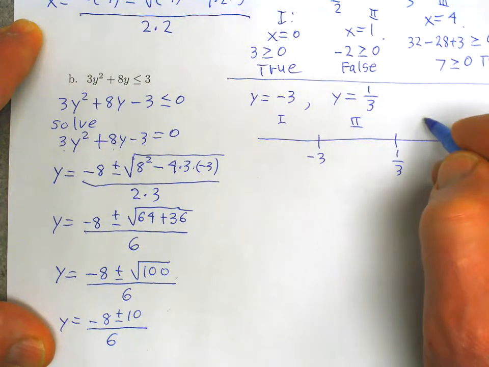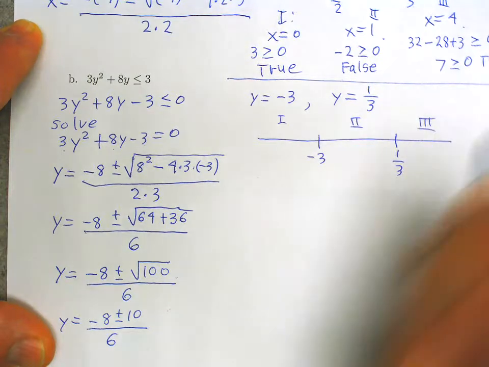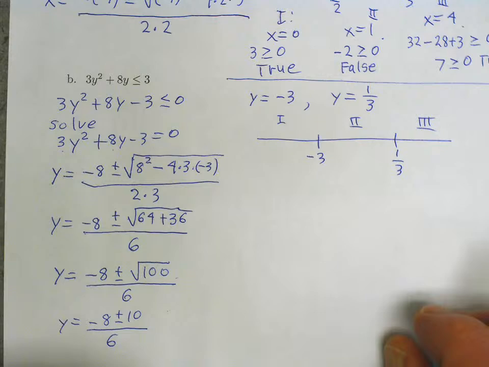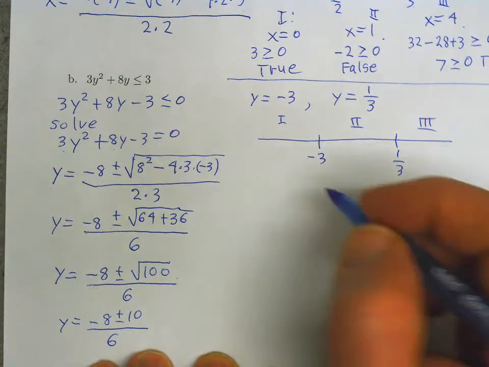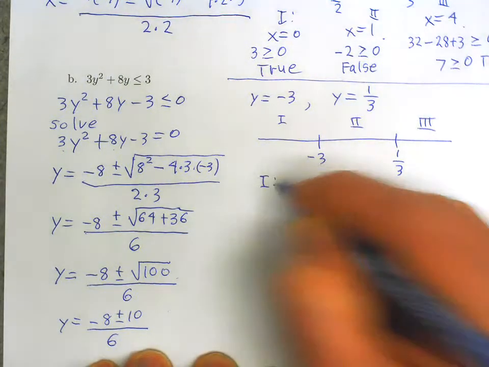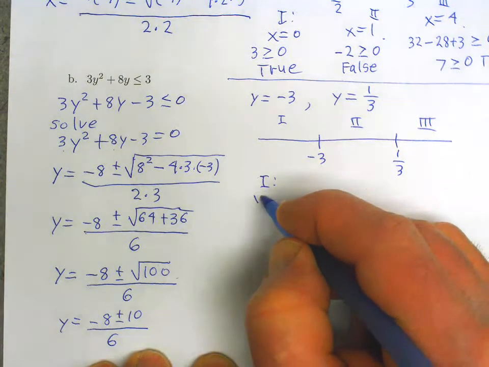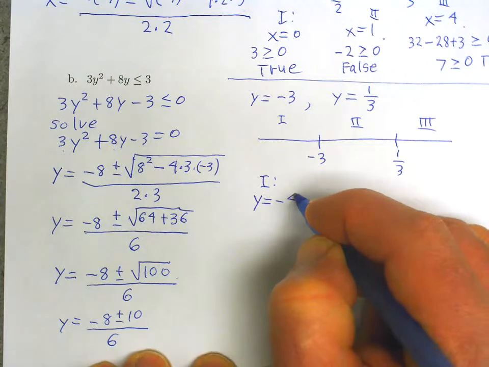So now we do what we did in the previous example. We just pick test points from each of the intervals. So in the first interval, we can pick any number we want less than -3. So I'll pick y equals -4.